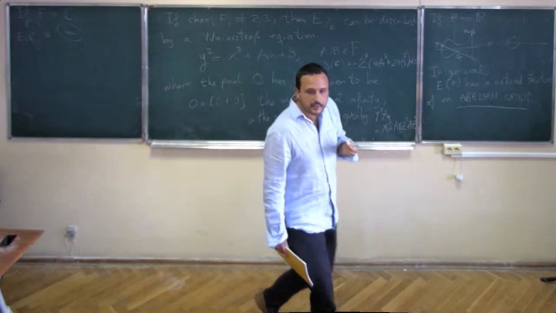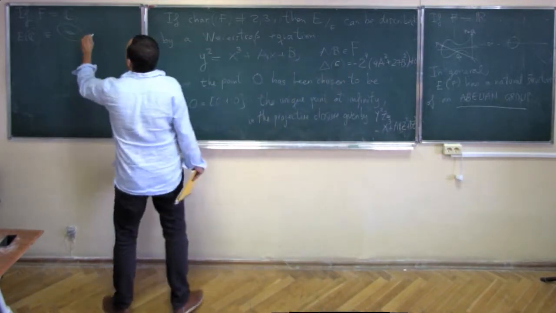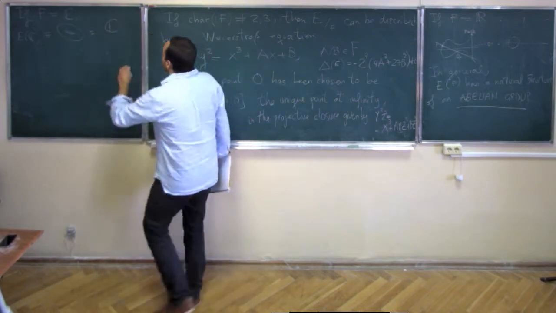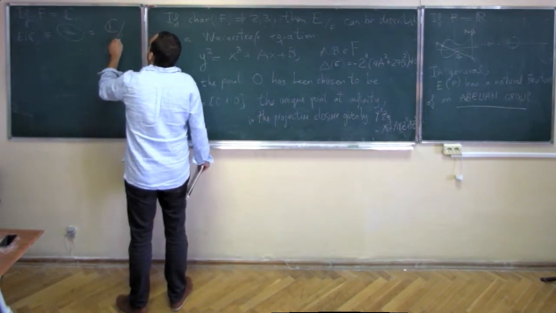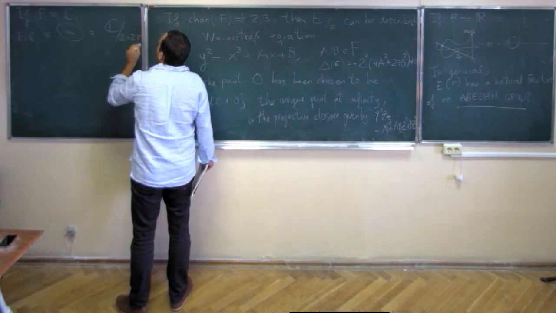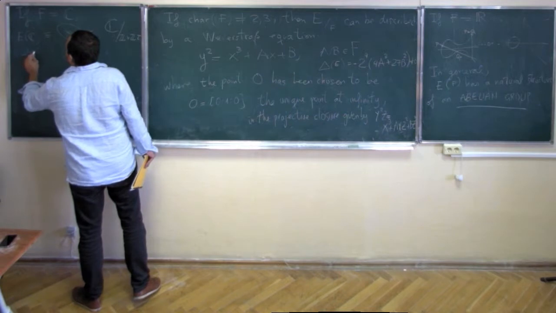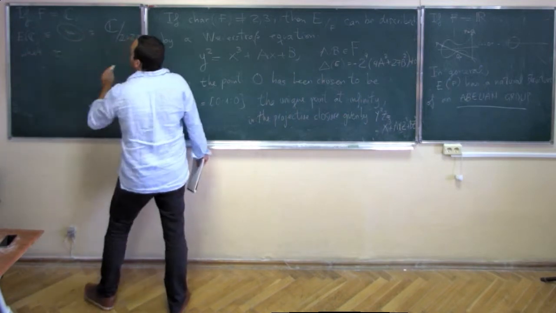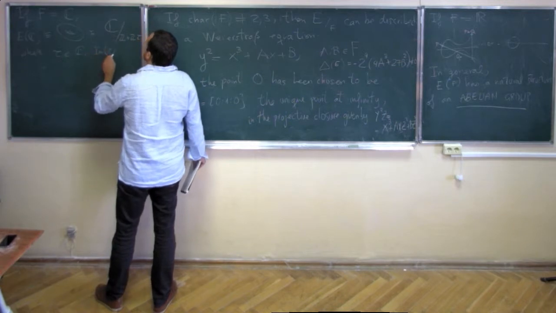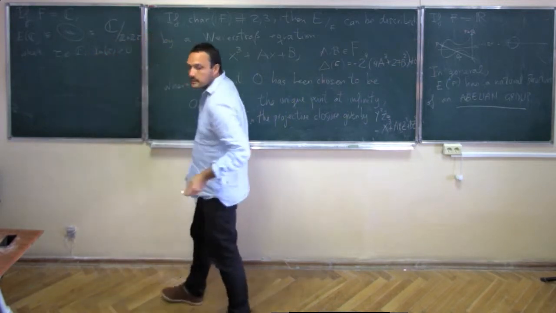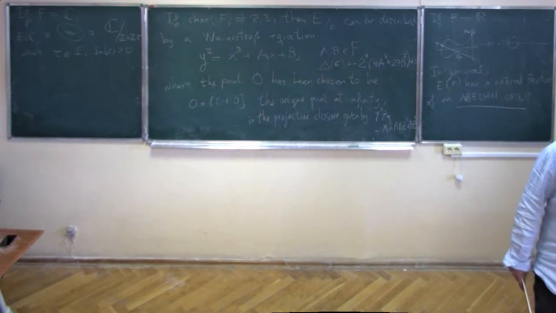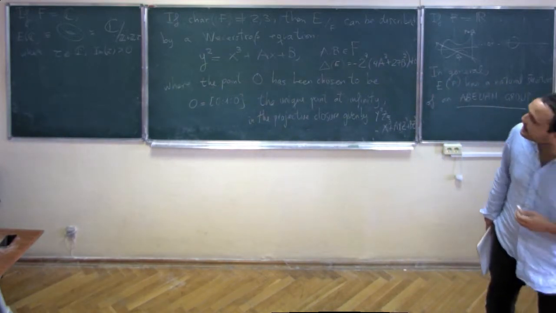And as an abelian group, this is isomorphic to the complex plane quotient by a lattice, where tau can be taken to be a complex number whose imaginary part is positive. And therefore, this is a rather simple abelian group, so there are not so many mysteries about that.